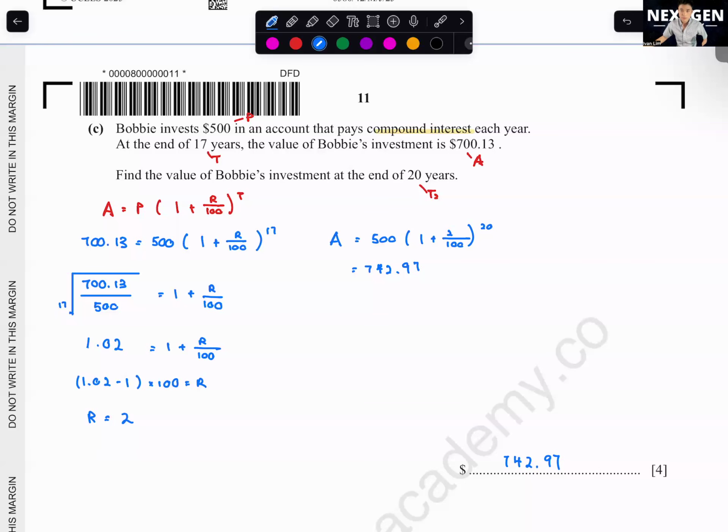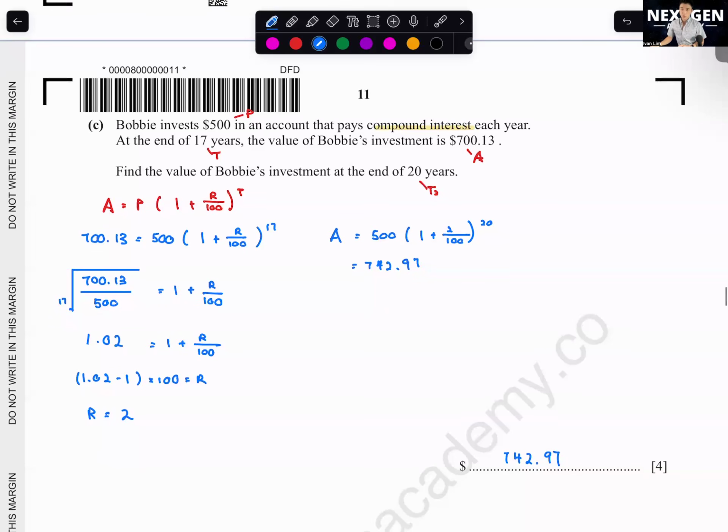Is it clear? Good. Can we round it to 3 SF? No, cannot. Money cannot be rounded like that. Money needs to be 2 dp. If you write 743, minus 1 mark. So be careful on this side. Very good question.